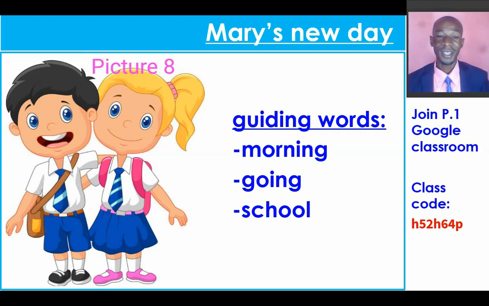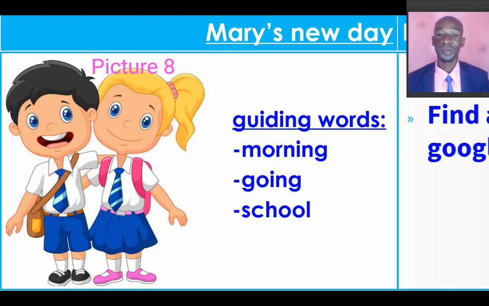You see? So we come up with our story. Now, my dear learners, I want you to find the time. You write this story for me. You write for me that story and turn in your work for marking on Google Classroom.